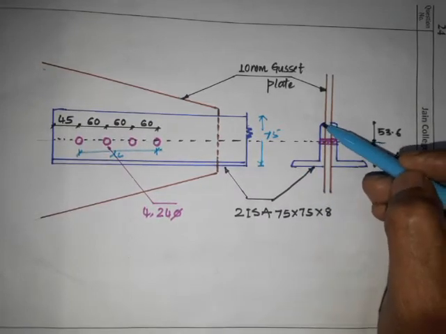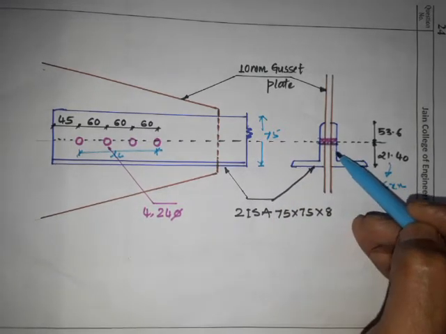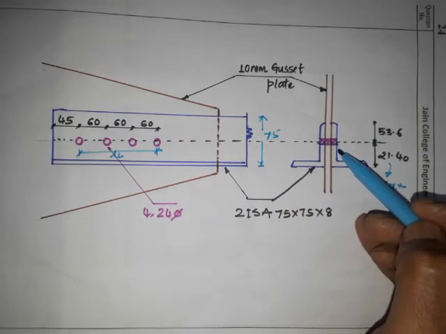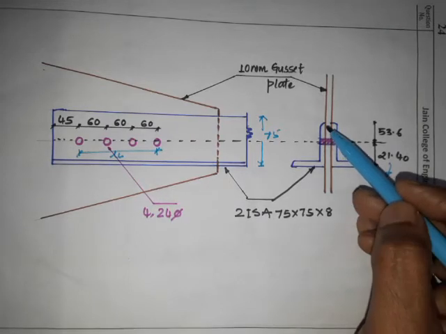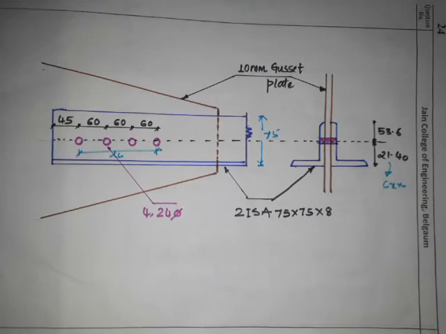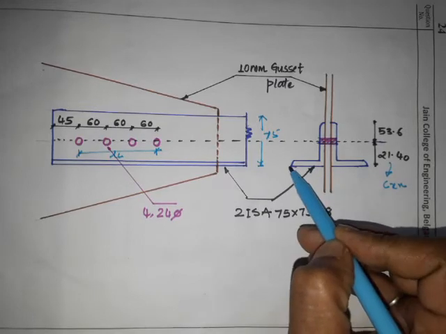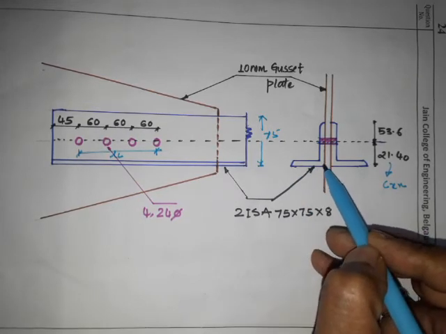Anc is 75 minus the bolt hole 26, because we are using a 24 mm diameter bolt, so the bolt hole will be 26, minus half of the thickness of the leg. That is for Anc. Ago, the outstanding leg, is (75 minus 8 by 2) into 8.